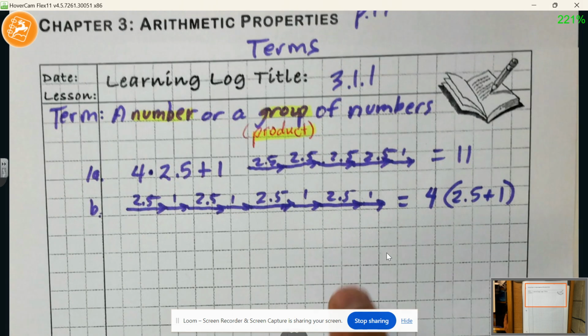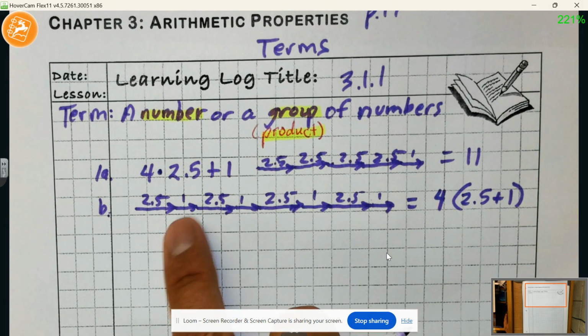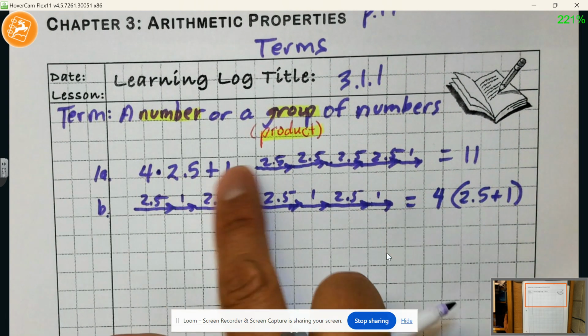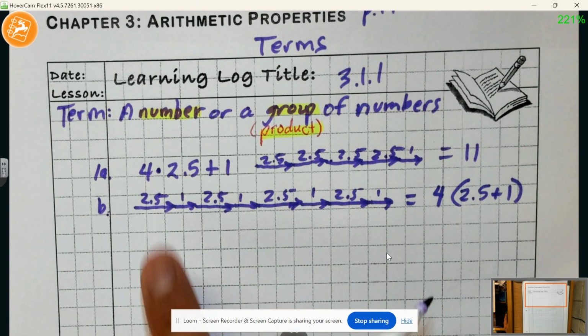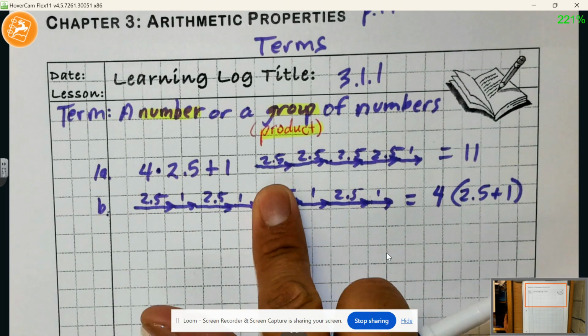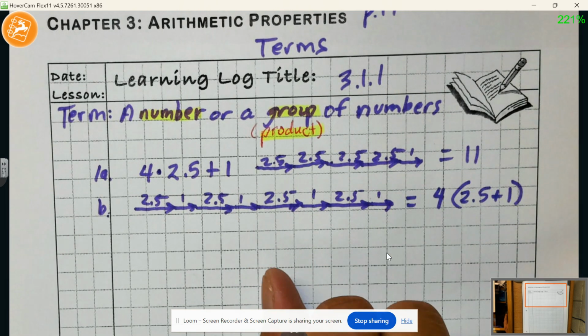The difference here is even though we have the same numbers and the same operations going on, the addition and the multiplication, we have a different value. Let's look at what this would give us. We have 2.5 and 1, that's 3.5, 3.5, that's 7. And then 3.5 and 3.5, that's 7 again.